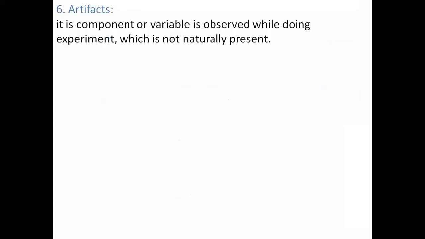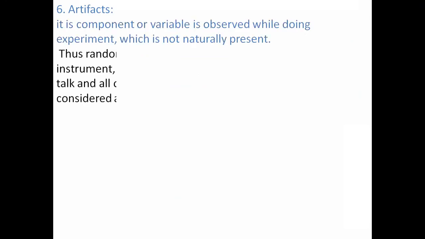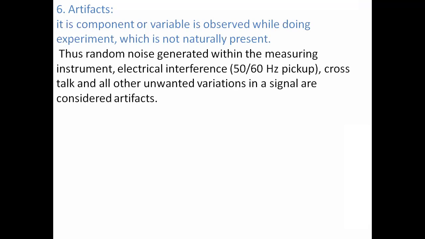So next, artifacts. Artifacts are like noise in our communication, so unwanted signals. While measuring some particular physiological system, we will get unwanted signals like 60 hertz pickup, crosstalk, unwanted variations, and energy limitations.